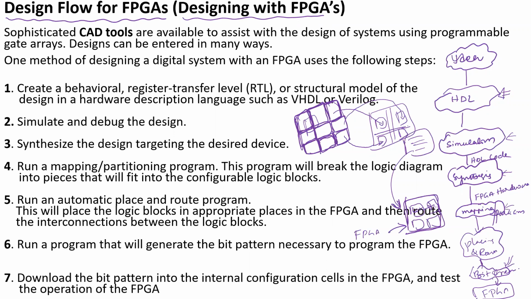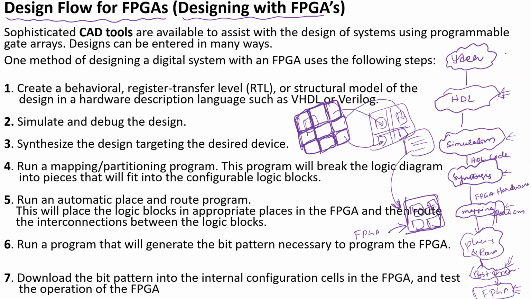Which components need to be active, which components need not be active, which components need to be accessed by that particular information, all of that will be available in this bit stream. So the bit stream will guide this FPGA. The bit stream is actually the programming information to an FPGA, so that this FPGA will act according to your idea.